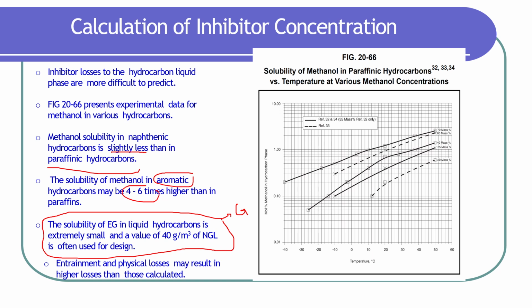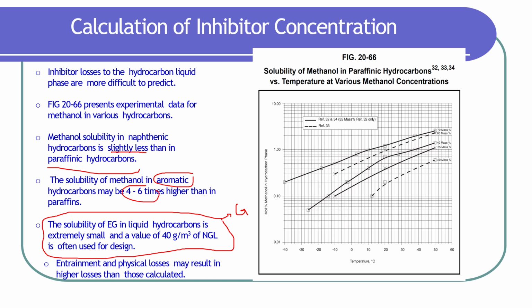If paraffinic, it will be mild. If naphthenic, it will be much less than the paraffinic. So this is the sequence: the aromatic will be the highest, then the paraffinic, then the naphthenic.